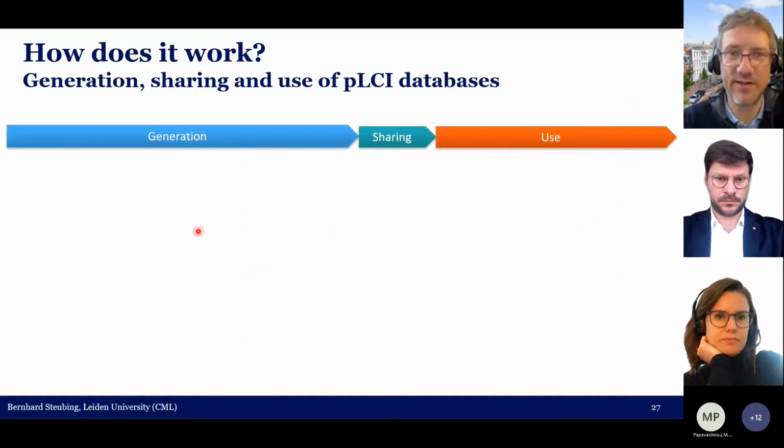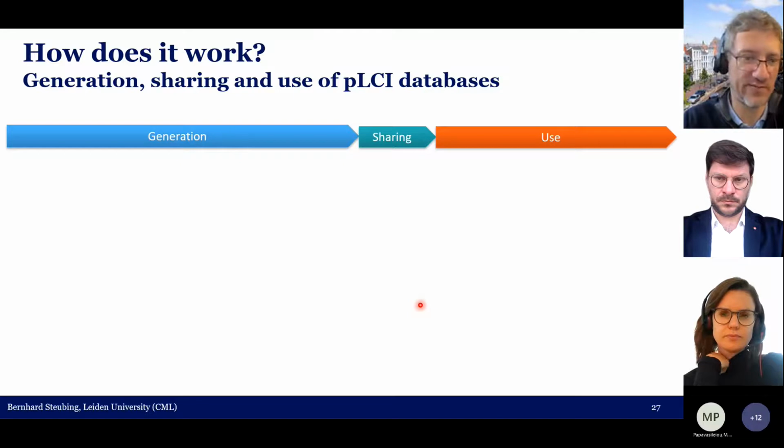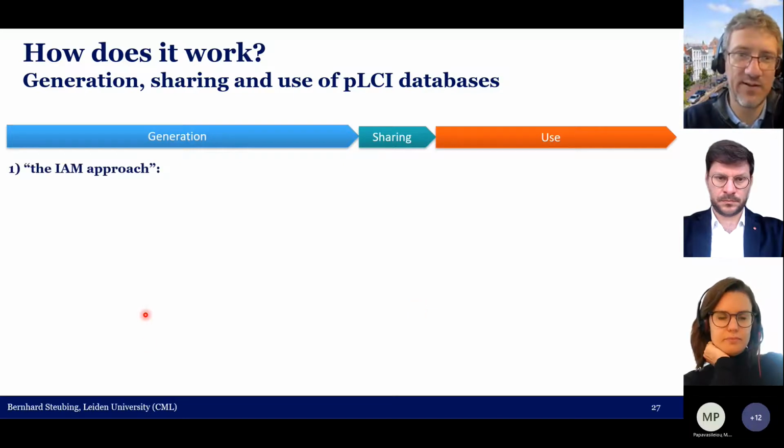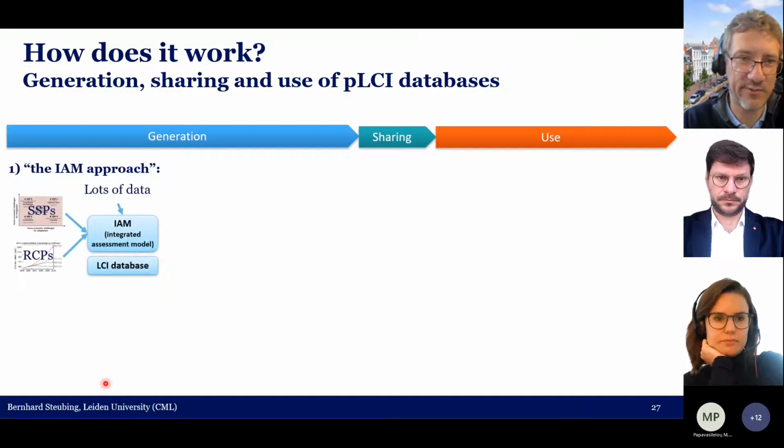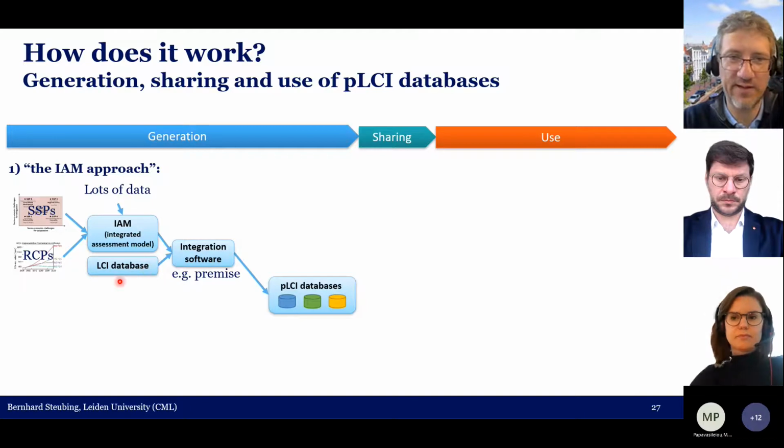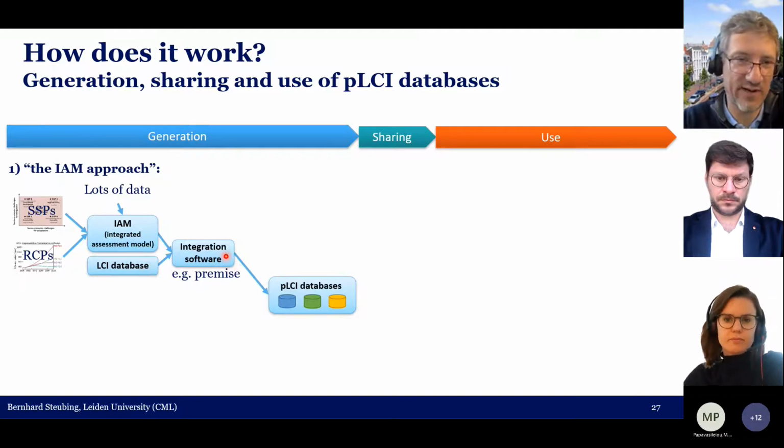So how does that work? How to generate, share, and use prospective LCI databases? First of all, there's what I call the IAM approach. We take an IAM, which is based on lots of other data and these SSPs and RCPs, and we use that data to futurize an LCI database via so-called integration software, such as Premise.